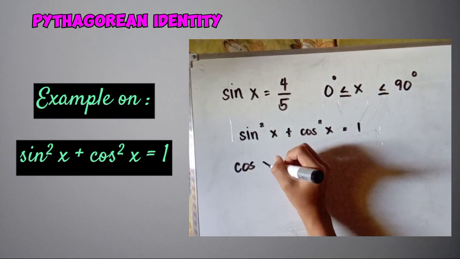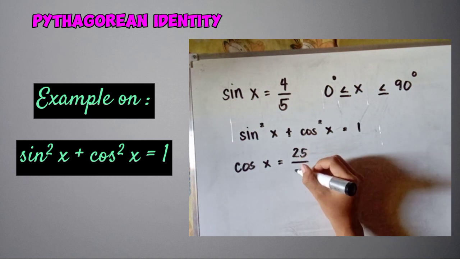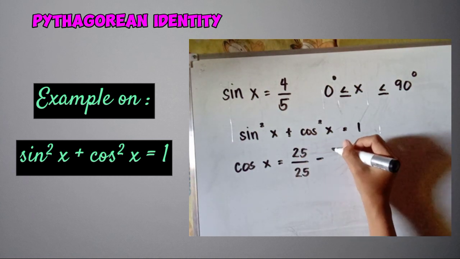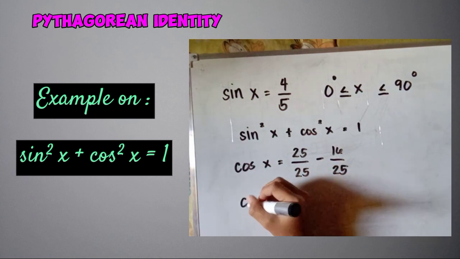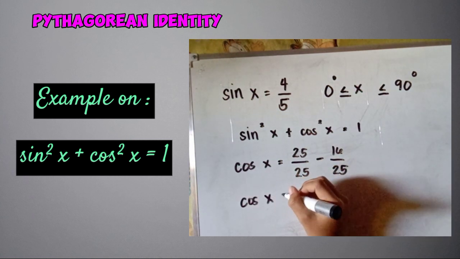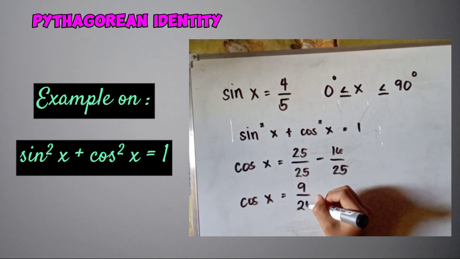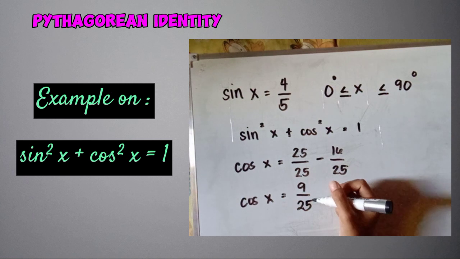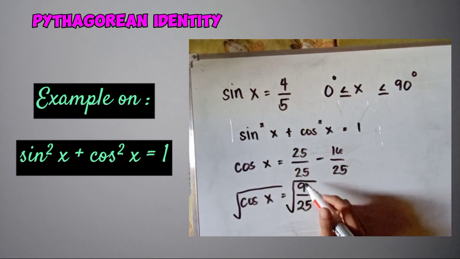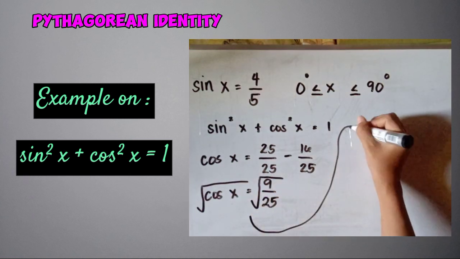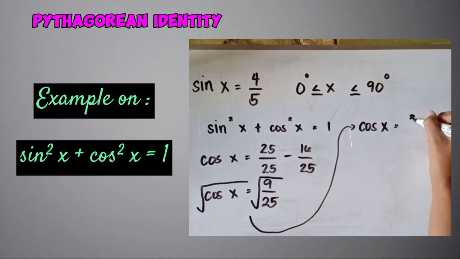So we have here cosine squared x is equal to 25 over 25 minus 16 over 25, and we will get cosine squared x is equal to 9 over 25. After that, we will get the square root of both sides. So we will have cosine x is equal to 3 over 5.